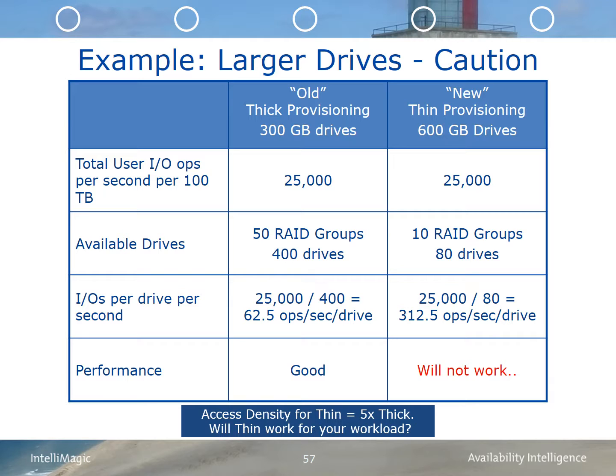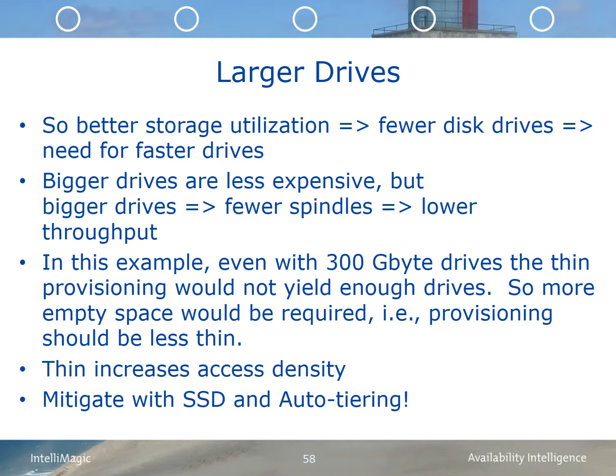So thin provisioning is definitely going to save you capacity, but you do have to be careful not to put really I/O intensive workloads on the larger drives in a thin provision environment. And not to mention there's overhead for the system to do the thin provision management. To summarize, using larger drives with thin provisioning, you're going to get better storage utilization, you're going to need fewer drives, and you might need faster drives.